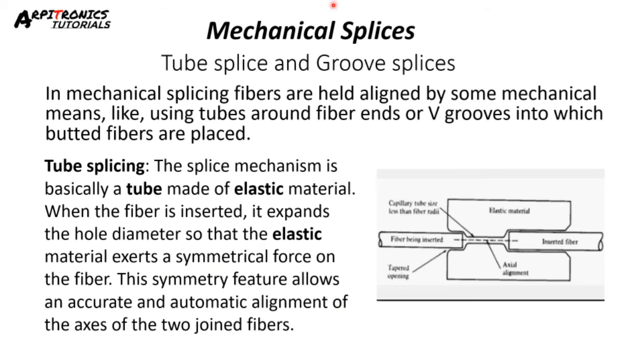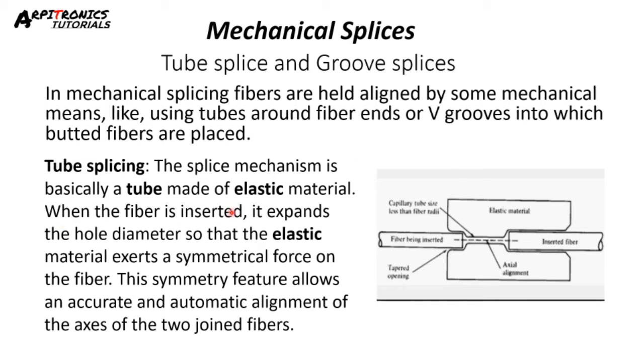Now mechanical splice. There are tube splice and groove splice. In mechanical splicing, fibers are held aligned by some mechanical means, like using tubes around the fiber and V-grooves into which butted fibers are placed. In tube splicing, the splice mechanism is basically a tube, an elastic tube made up of elastic material.